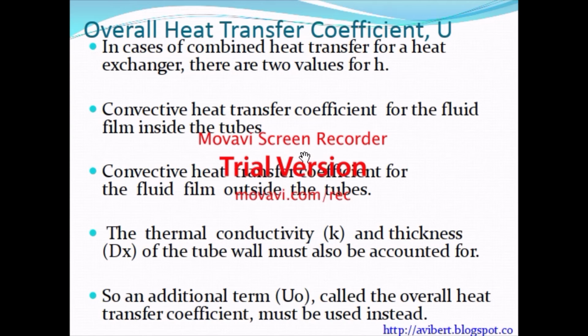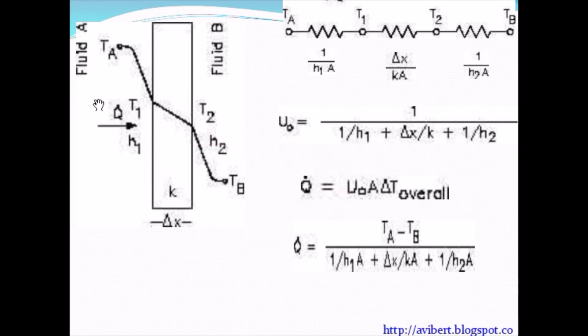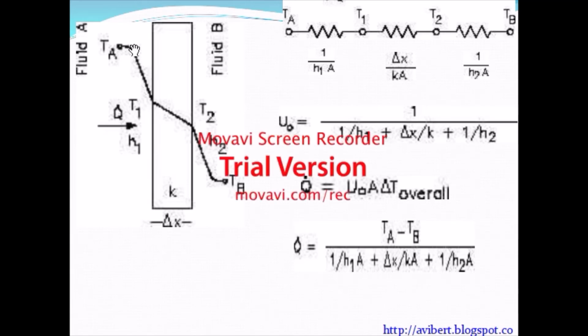How do we calculate? You can see here, we can consider this as a fin, or I think better we consider it as the wall of the tube. So inside is T1, considered as the inside of the tube, and T2 we consider as the outside of the tube.